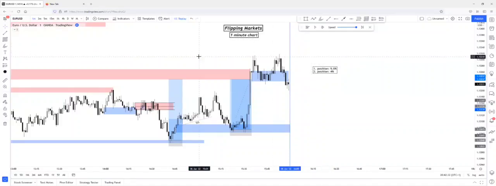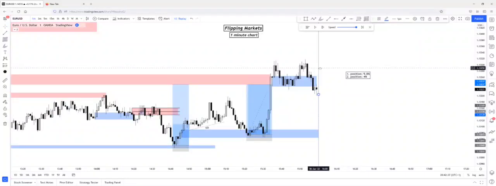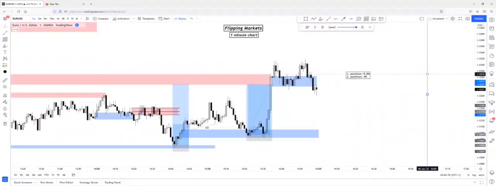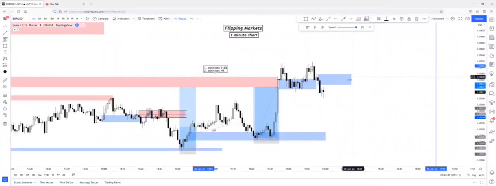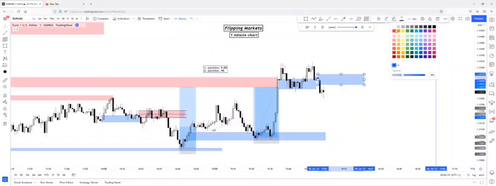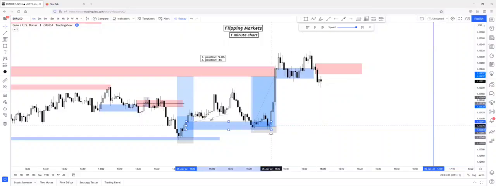Let me ask you, what will you do in this scenario? Actually, this isn't our session close. Sorry, this is our session close. Okay, so what would you do in this scenario? This demand is broken from this candle. Mark the supply zone. We could take counter trades again down to the initial demand zone.